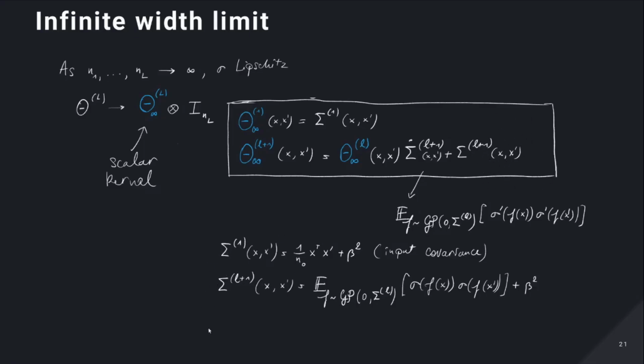Those on the bottom are the covariance of my neural net, the Gaussian process I mentioned before. So the input is just input covariance, and then for the other layers it's just an expectation with respect to some Gaussian process with my activation function.